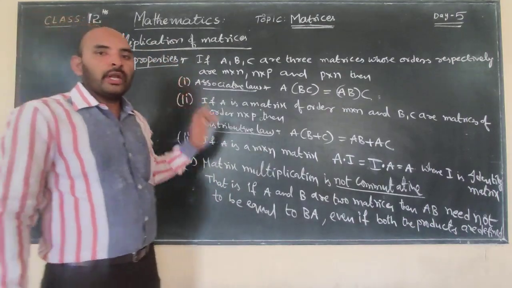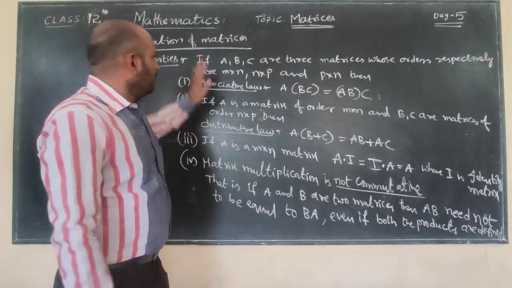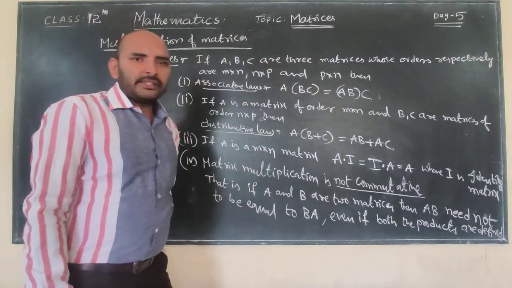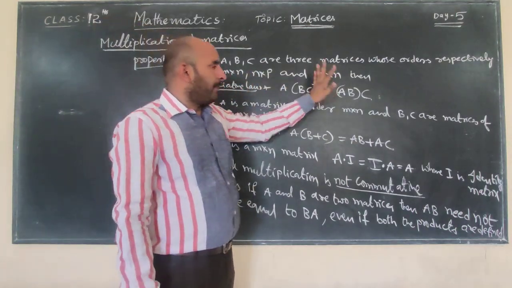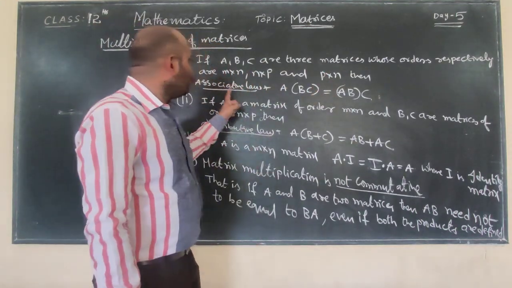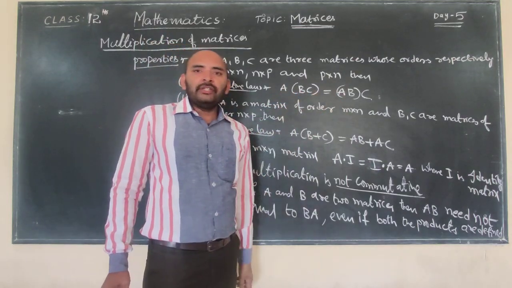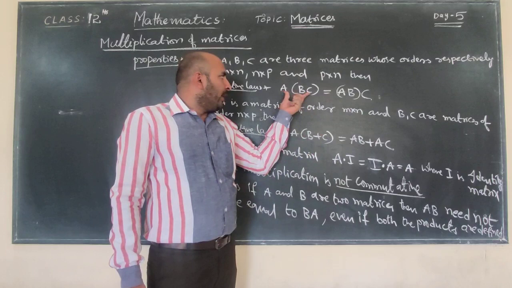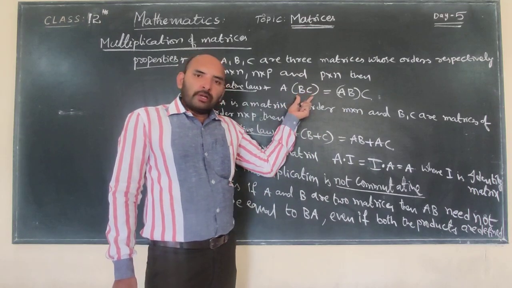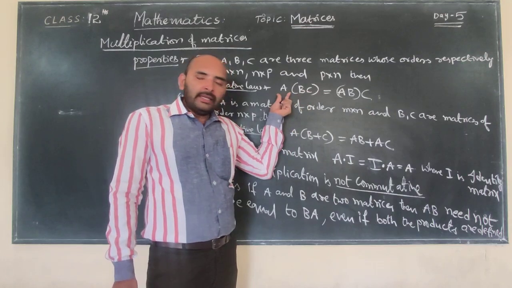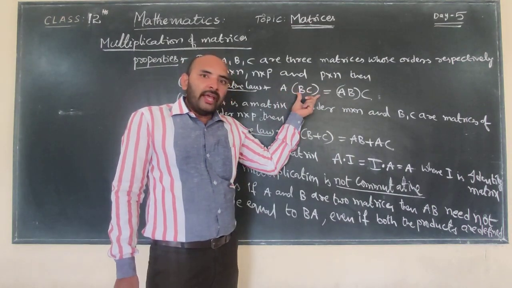According to the associative law, let us take three matrices A, B, C with different orders, M cross N, N cross P and P cross N. Then the associative law: A into BC is equal to AB into C. So here, first find the BC matrix, you will get one matrix, and again multiply with A. A into BC is also one matrix.